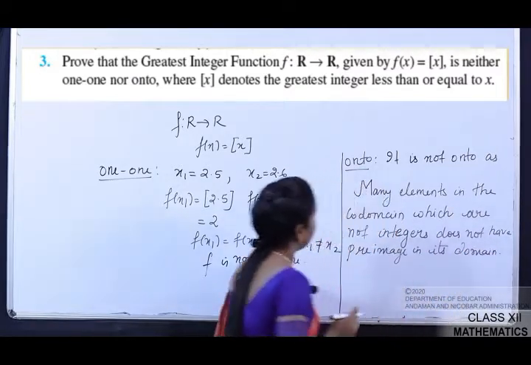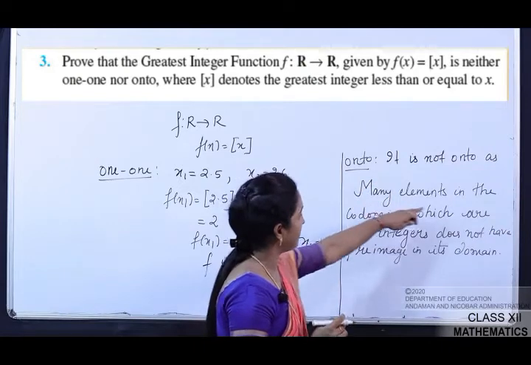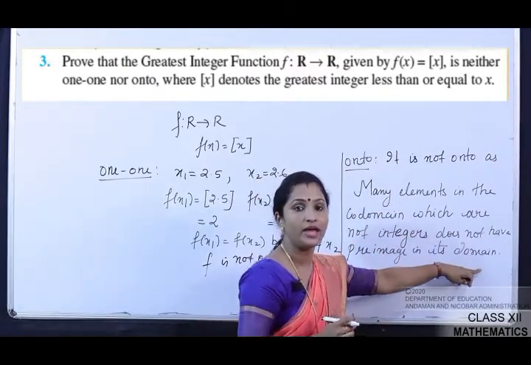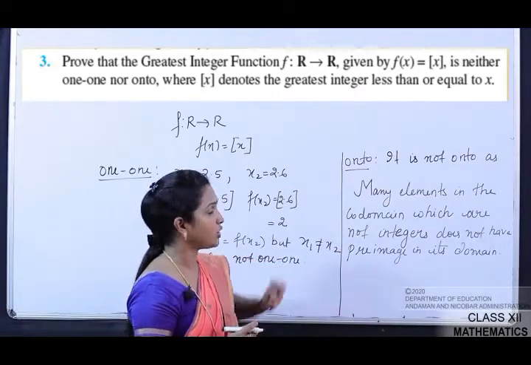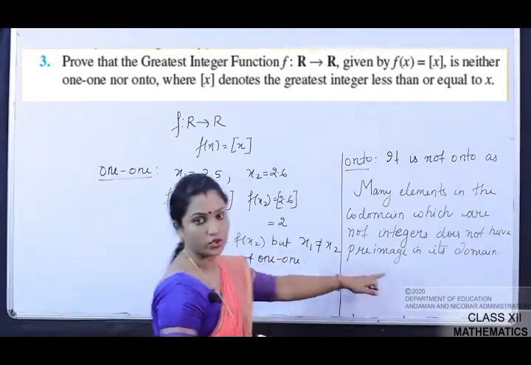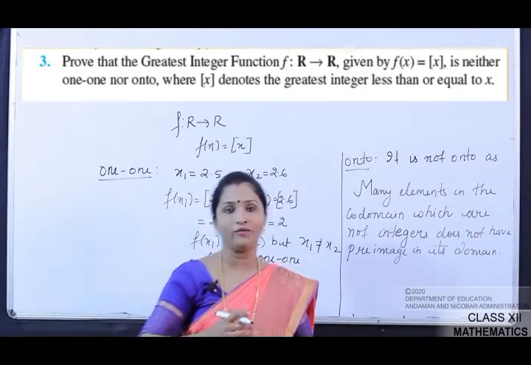Okay, clear? And you can say that the function is not onto, so you have proved that the function is neither 1-1 nor onto. Clear children? This is the way you have to proceed.